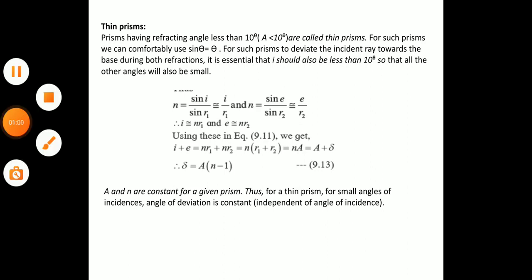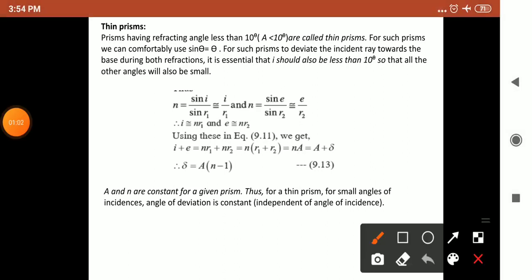So from this derivation you can see here n is equal to sin I upon sin r1, which is approximately equal to I upon r1, as I and r are both very small. So we can directly take sin I equal to I and sin r1 equal to r1.